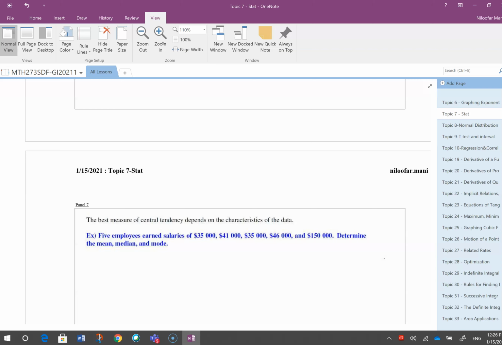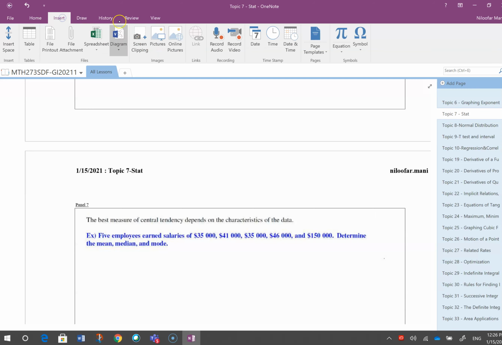No. For example, 5 employees have salaries 35,000, 41,000, 35,000, 46,000, which is not a very high salary. But one of them has 150,000. So you say, okay, what is the mean? Of course, you know the formula of mean.